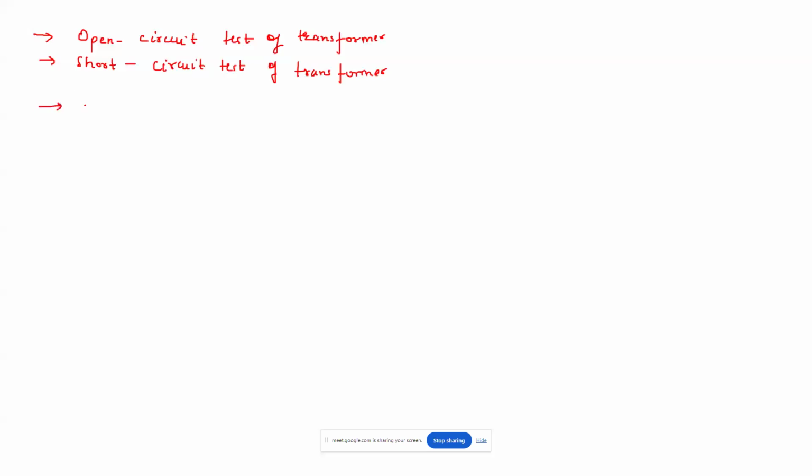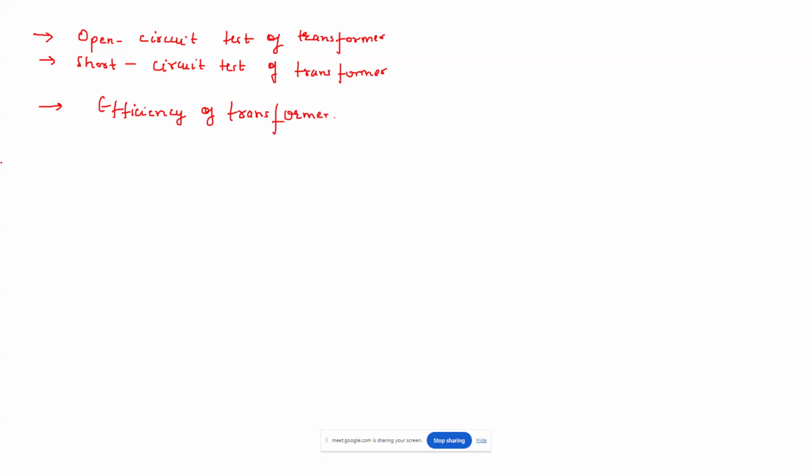And then we will see efficiency. In next week we will see maybe the voltage regulation, but in this week we will be only seeing the efficiency of the transformer. What is the efficiency formula and how is it related to the open circuit and short circuit test.